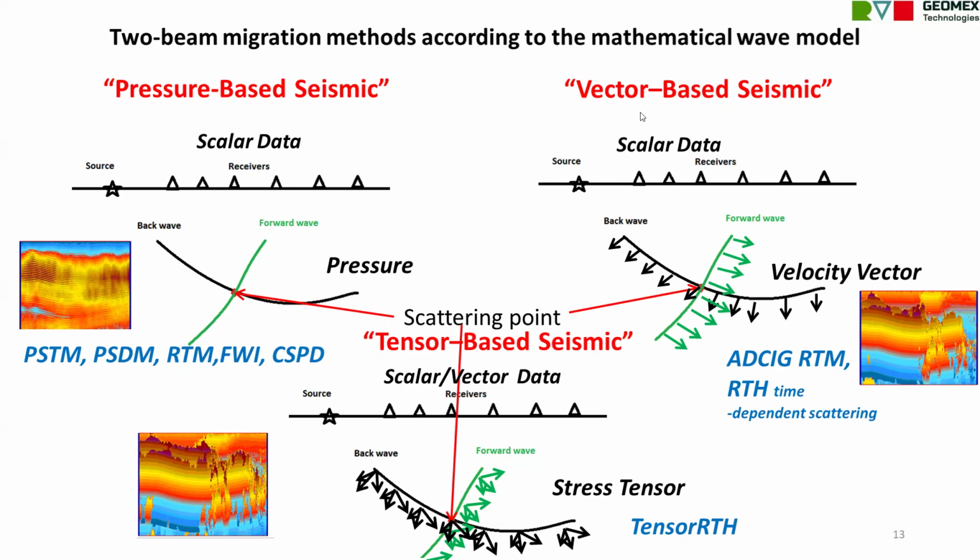This is scalar vectors based seismic. And if you have elastic, we use tensor to tensor, forward and back tensor. It's tensor-based seismic. This is a picture concerning the perspective of pressure, vector, and tensor.